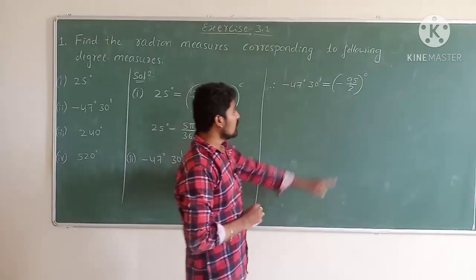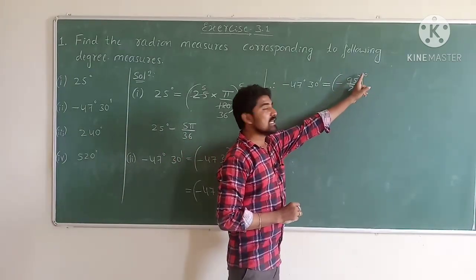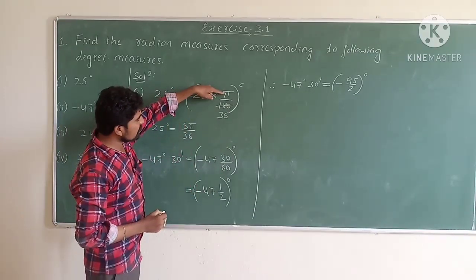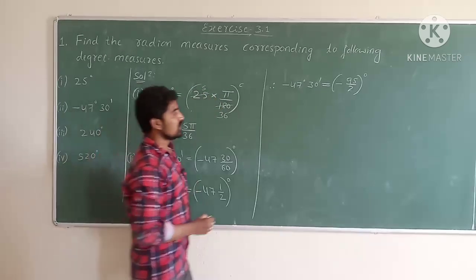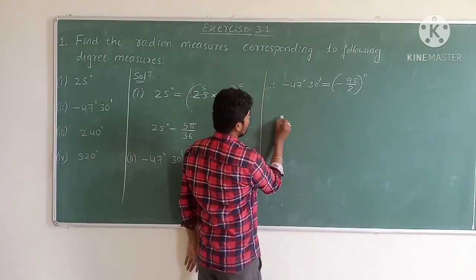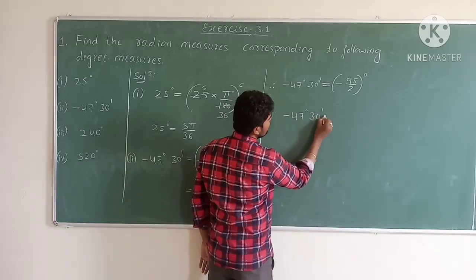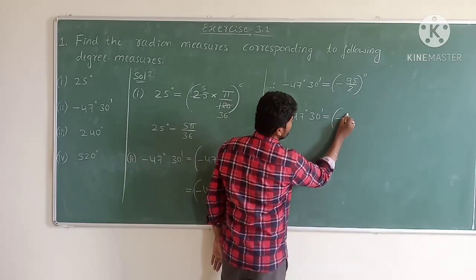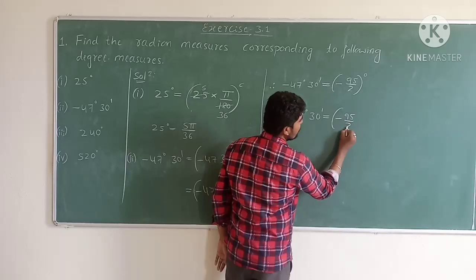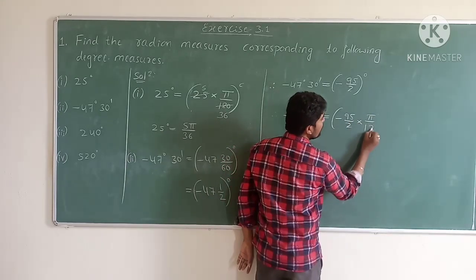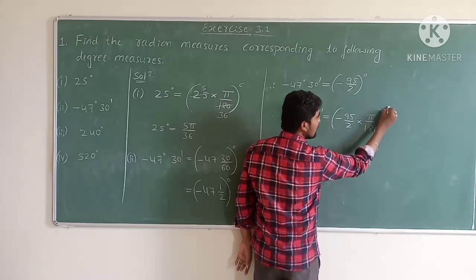Now to convert this degree measure to radian measure, we just multiply by pi divided by 180. Therefore minus 47 degrees 30 minutes is equal to minus 95 by 2 into pi divided by 180 radians.